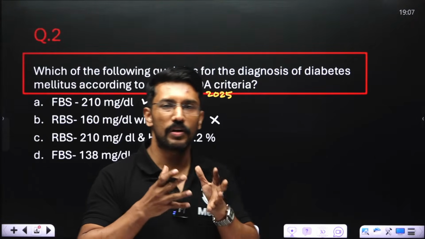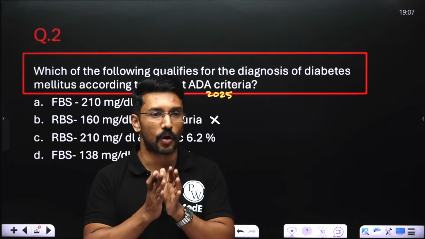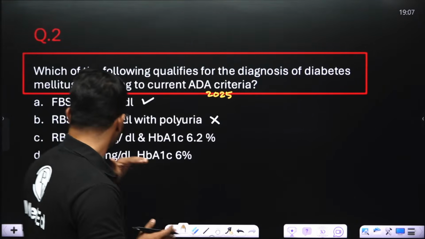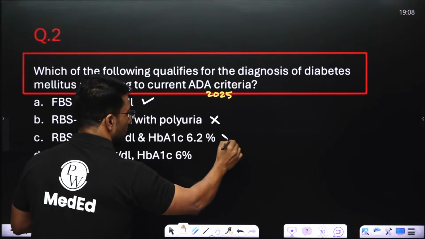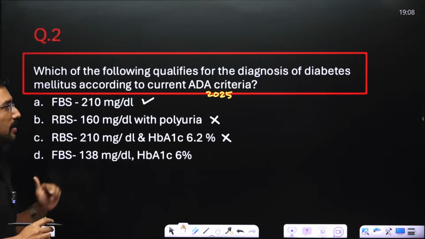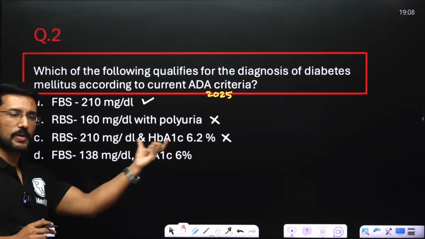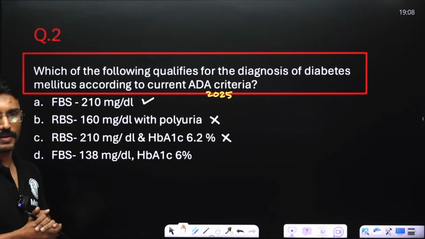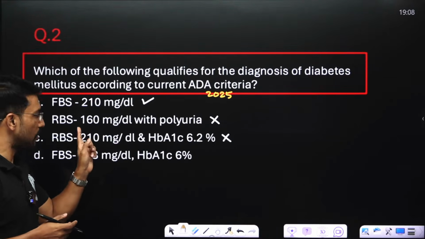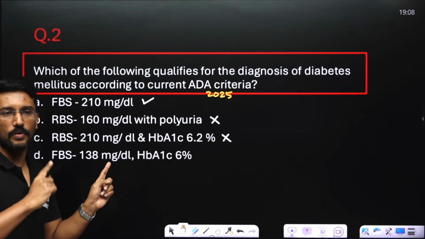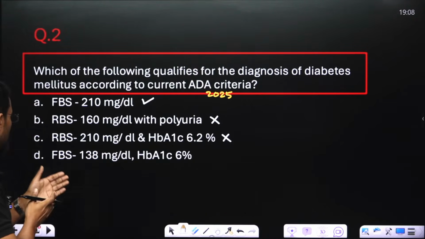Without polyuria, polyphagia, polydipsia or weight loss, you cannot diagnose diabetes just based on the RBS. So random blood glucose level alone cannot be used for the diagnosis of diabetes in asymptomatic individuals. So this does not satisfy. Neither HbA1c satisfies nor RBS satisfies, right? So RBS has to be 200 plus with symptoms. Please go back to the previous lesson where we have discussed this in clarity.